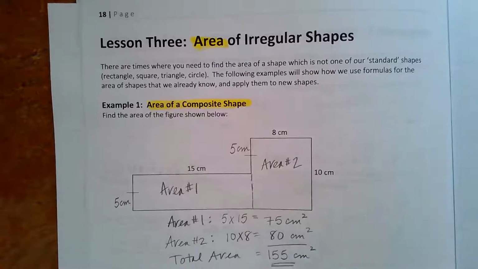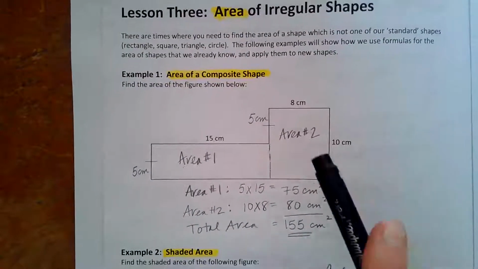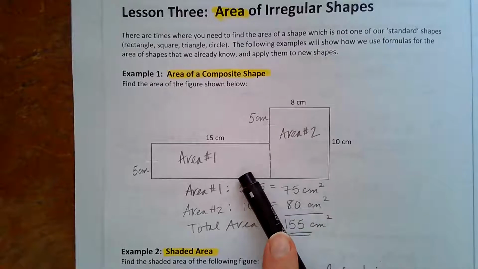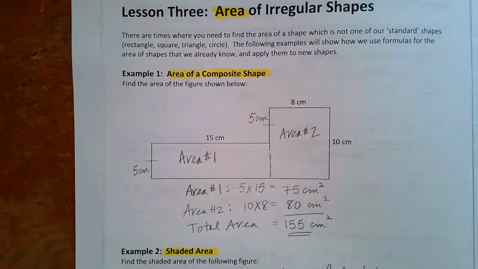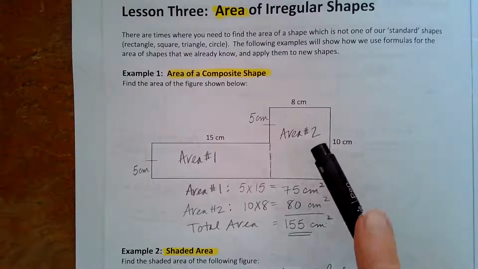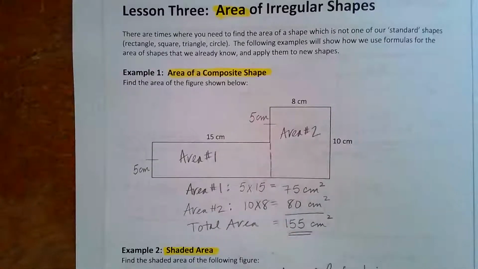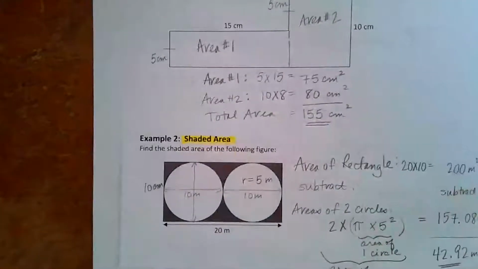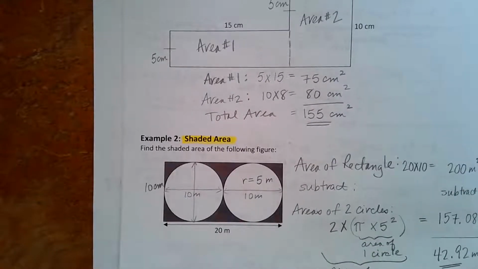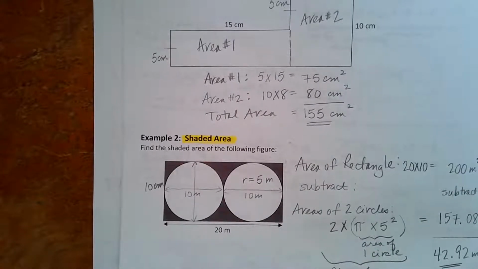So Friday we learned about composite shapes, shapes that are created from our four main shapes, the square, rectangle, circle, and triangle. We can make a whole bunch of different shapes by just putting two rectangles together, for example. We also learned a related type of question about shaded areas. Shaded areas also comprise a couple of our main shapes.